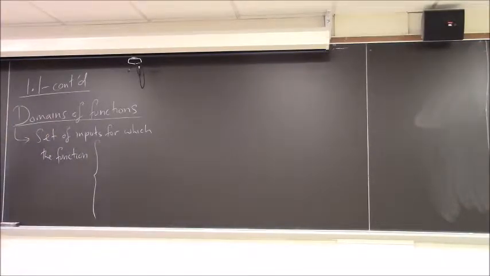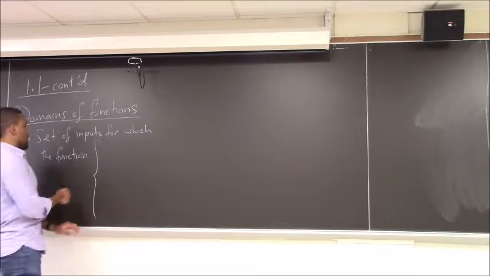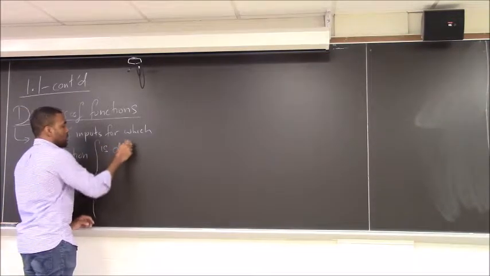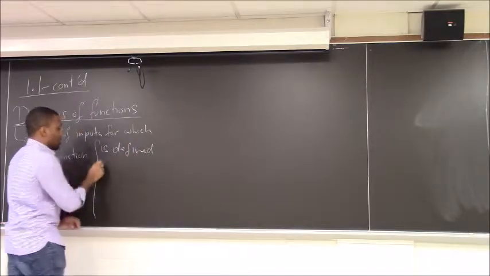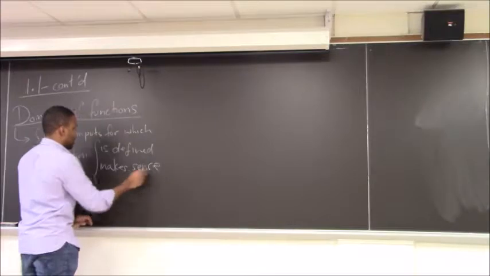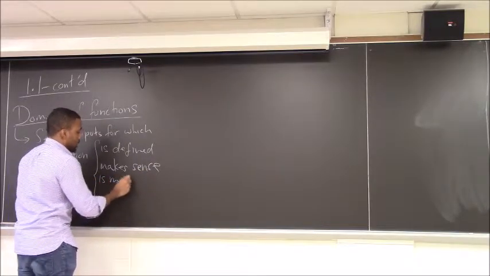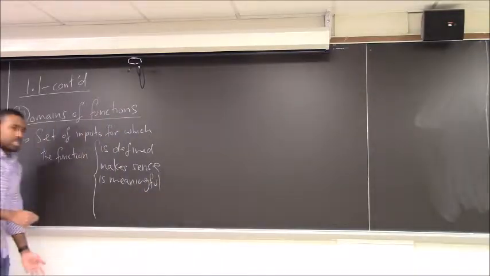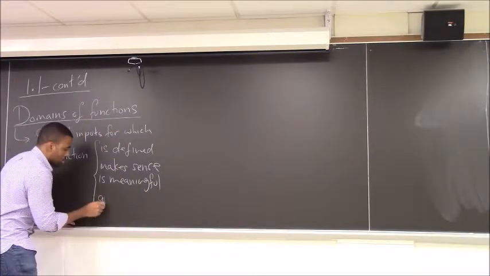So there are several ways we can describe this in words. The set of inputs for which the function is defined is one way you can put it, or makes sense, is meaningful, and as Victor said, in this class it means gives a real number output.